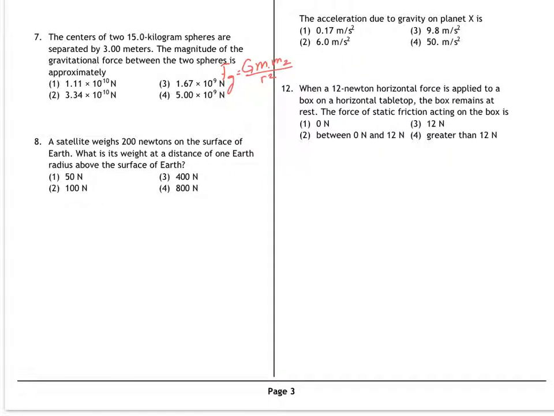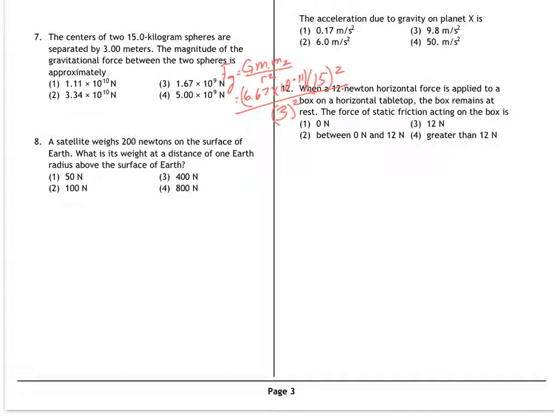And the value for big G is 6.67 by 10 to the negative 11. And the two masses are both 15 kilograms. So I'm going to put in 15 squared. And they're separated by a distance of 3 meters. So 3 meters, and that's squared as well.